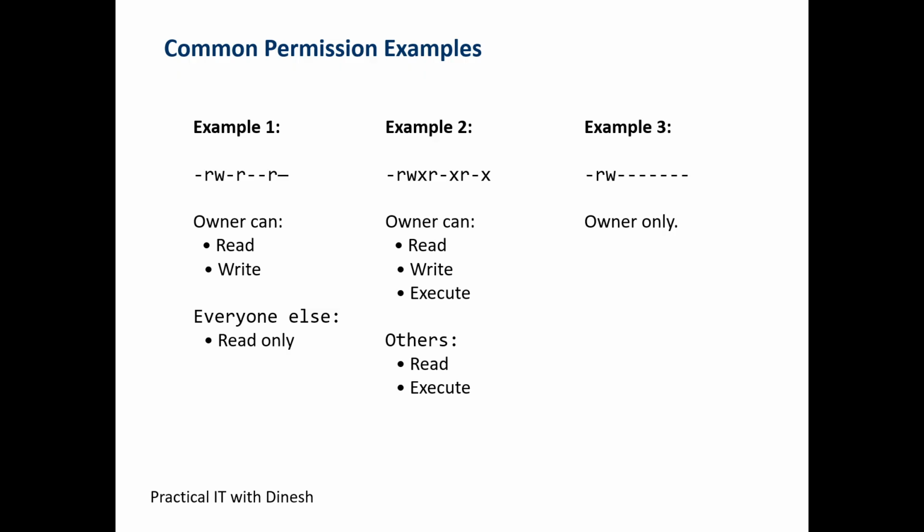The owner has full access. Everyone else can read and execute. In example 3, this is a private file. Only the owner has access to it.